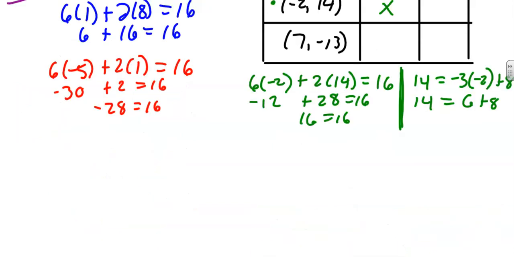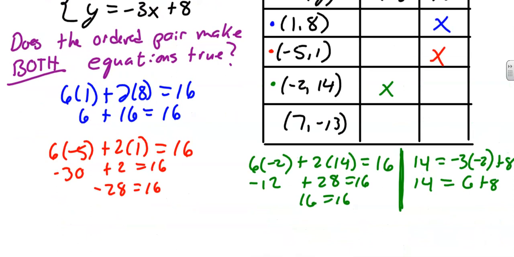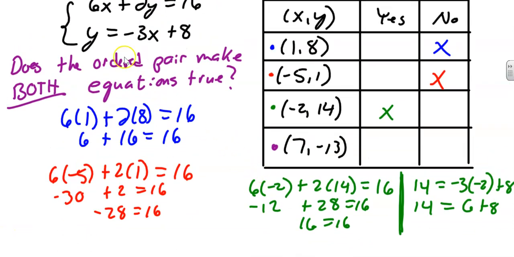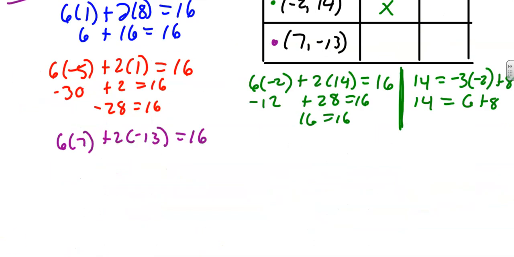I've got to check one more here. Checking the last one here. 7 for x, so that is 6 times 7, plus 2 times negative 13. Does that equal 16? It's 42 minus 26. Does that equal 16? That does equal 16. Okay, so that one checks off.